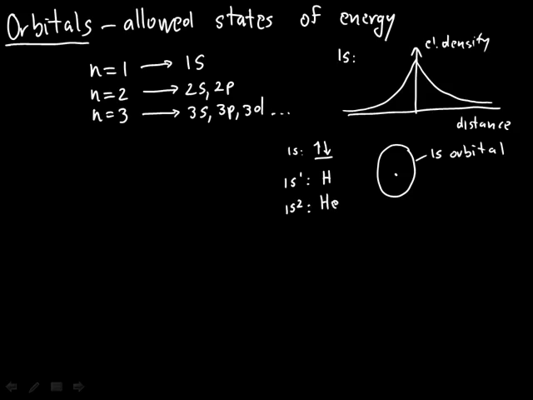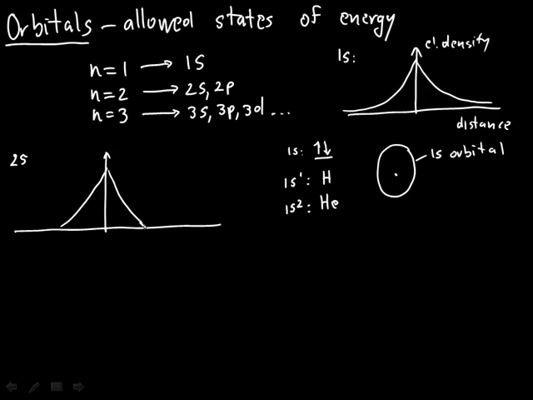As we move further into shell number 2, now we start having more orbitals, and the first one is the 2s orbital. And the 2s orbital is also spherically symmetric. If we draw the same graph for the 2s orbital, we're going to notice again the exponential increase of electron density as we approach the nucleus.